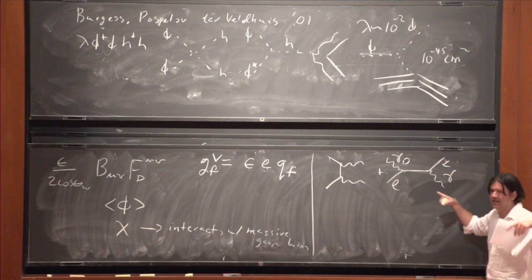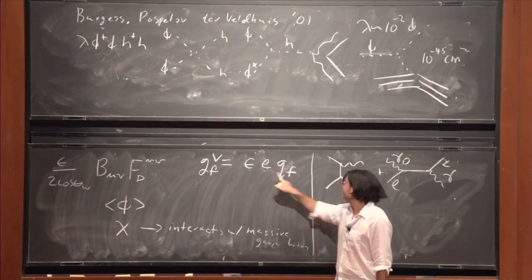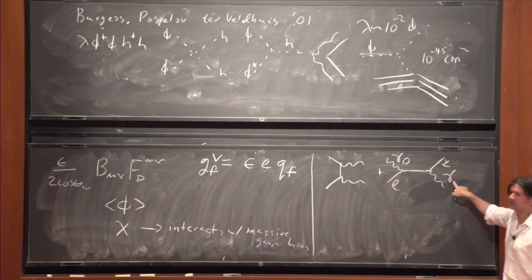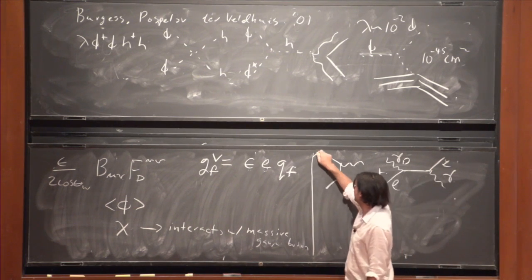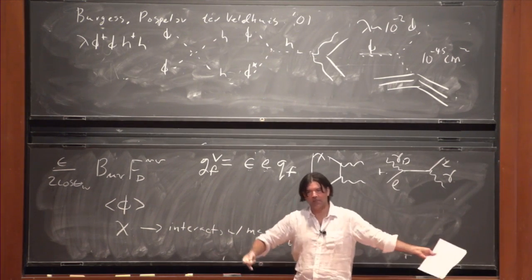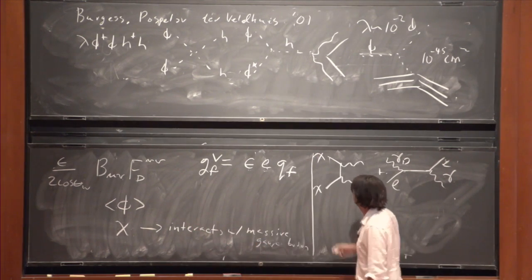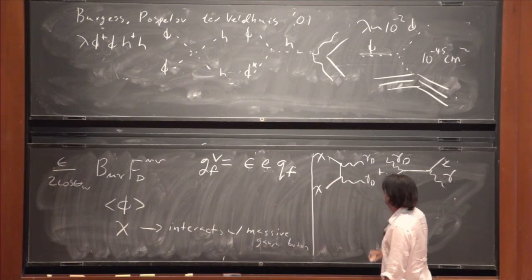An electron comes in, couples to a dark photon with a suppression epsilon, then emits an ordinary photon, or vice versa. This is usually the equilibrium process for the two thermal baths, what keeps our bath and the dark bath in thermal equilibrium, and dark matter annihilates directly into gamma dark.